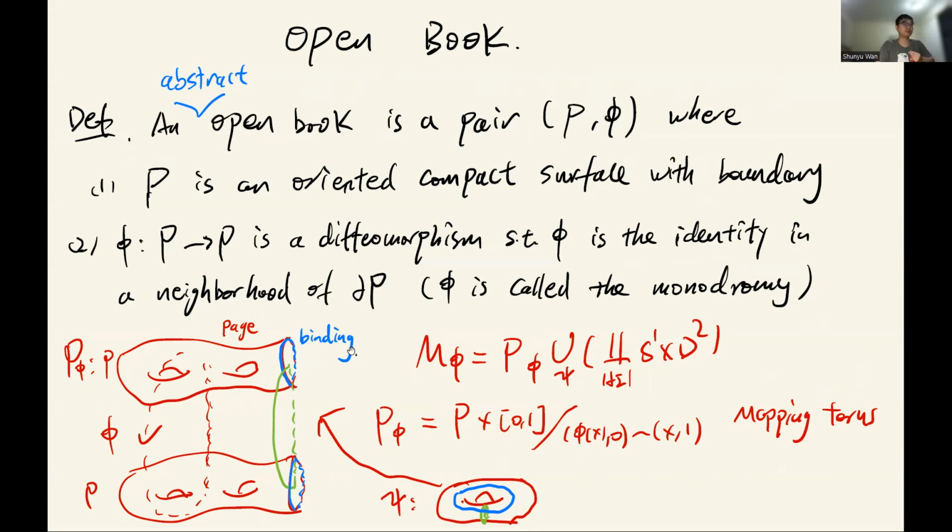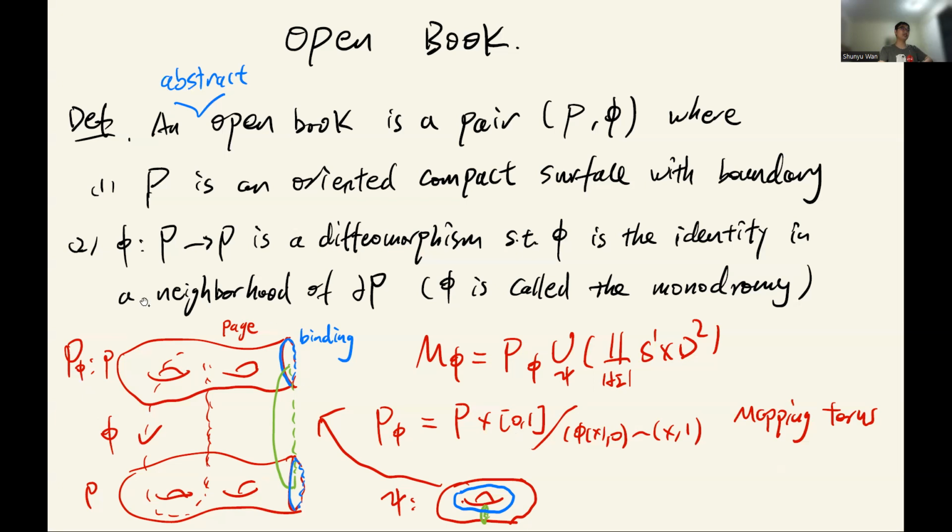Given an abstract open book, we can construct a three-manifold associated to it as follows. This M_φ is a three-manifold, and it is equal to P_φ glued along with solid tori, where P_φ is the mapping torus of the page P with the monodromy.